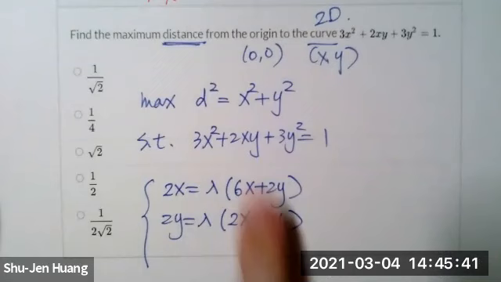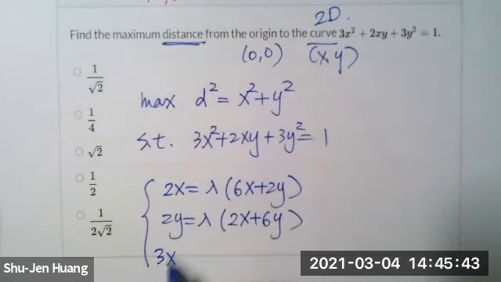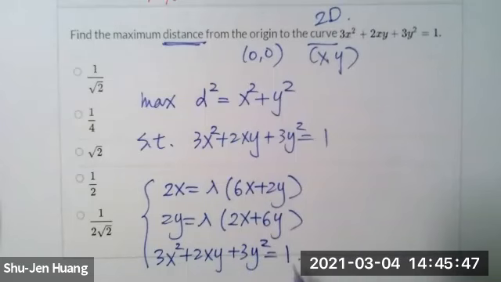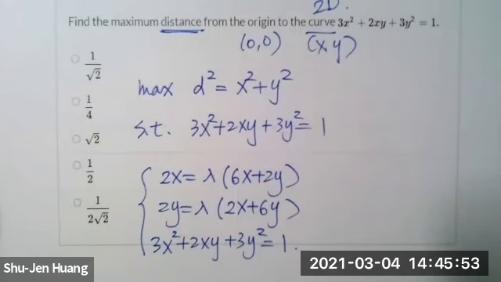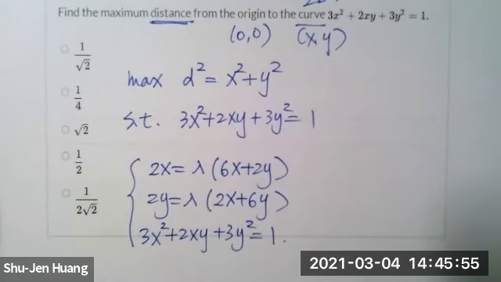Okay, and now plus the constraint. So this is the system of equations for the Lagrange multiplier here. Is that good? So now we're going to solve the system of equations here.